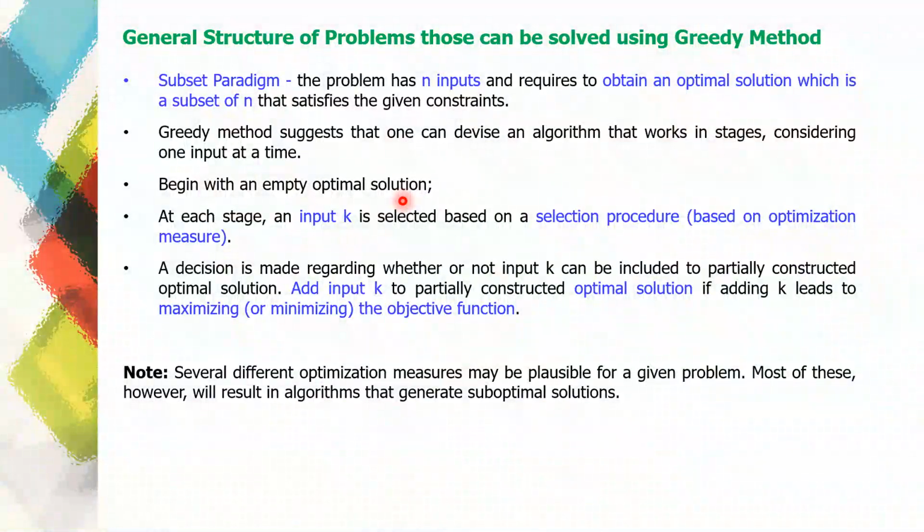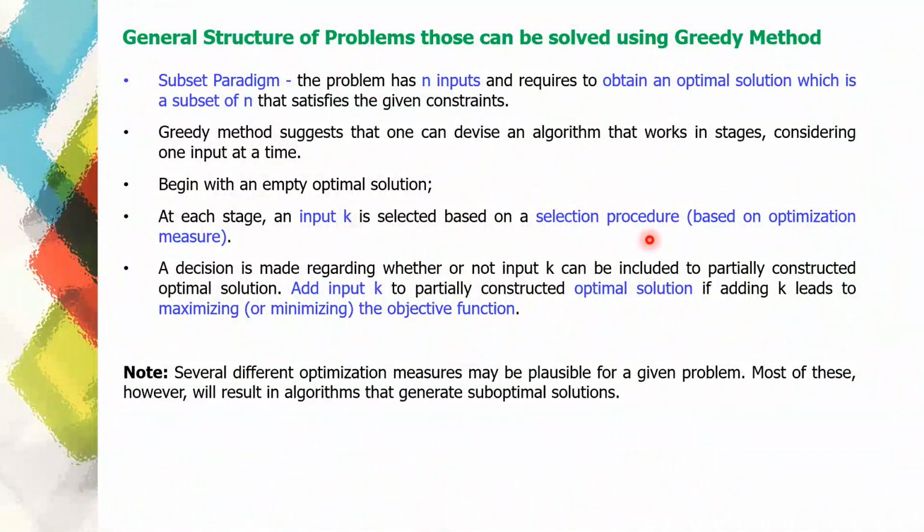Now I'll go through n stages and I'll try to complete the solution by finding a subset of n. At each stage, I'm going to select some input k. Among n inputs, I'm going to select one input k, any one. Now, which one I'm going to select depends upon a selection procedure.